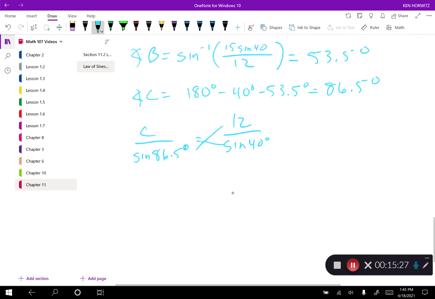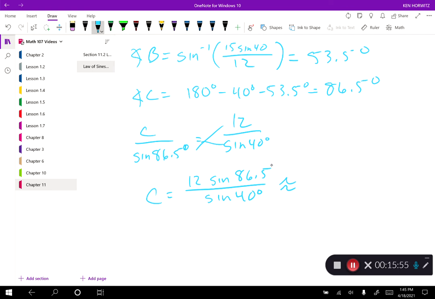Again, you're going to have to use a calculator on this one. 86.5 is not a unit circle measurement, and 40 is not a unit circle measurement. But writing this down is important to teachers. So write down 12 sine 86.5 divided by the sine of 40. This is, in a sense, showing your work. Now, you're going to have to put this in a calculator to get a number out.